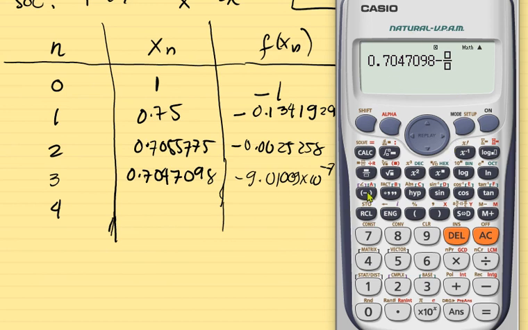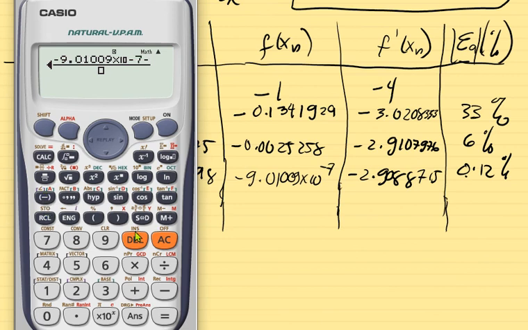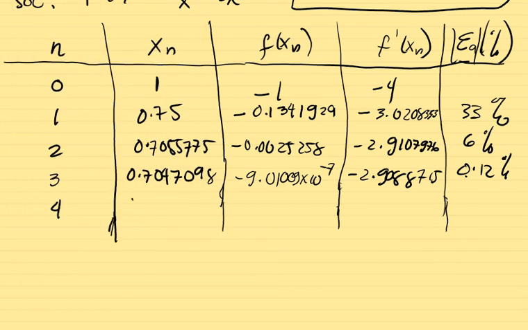F of x is negative 9.01009 times 10 to the negative 7 all over f prime of x, negative 2.90888715 equals, so this will be our new value, 0.70470903.